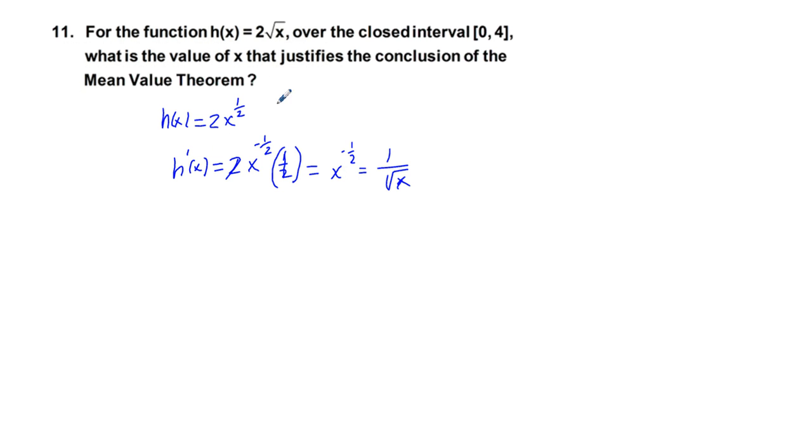So what we want to do now is take from our previous problem, we found that the average rate of change was equal to 1. So we can set 1 equal to 1 over square root of x. And if we cross multiply the square root of x, we have square root of x is equal to 1. And so x is equal to 1 squared, which equals 1.